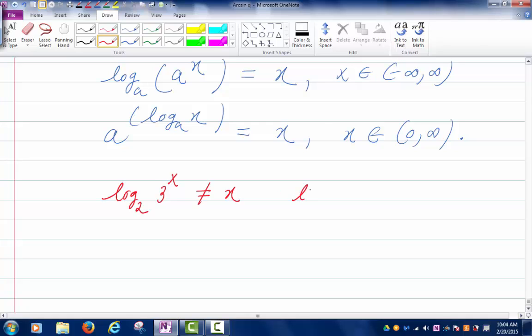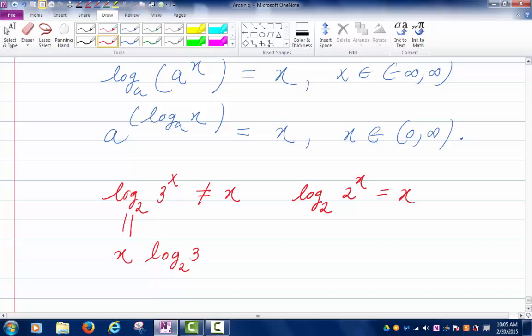If I have log base 2 of 2 to the x, then I could say this is x, right? Notice that, however, I could say log base 2 of 3 to the x is equal to what? x times log base 2 of 3, whatever log of 3 is.